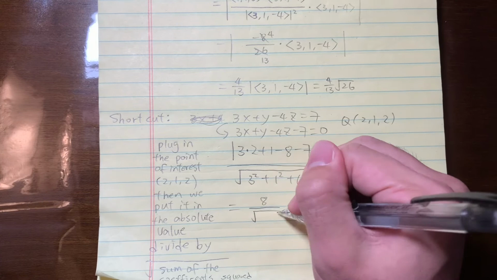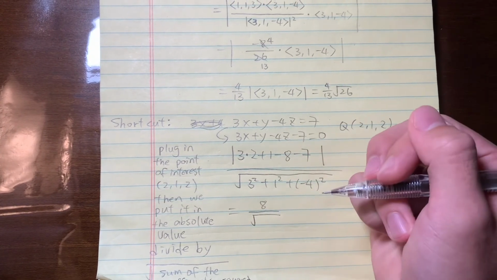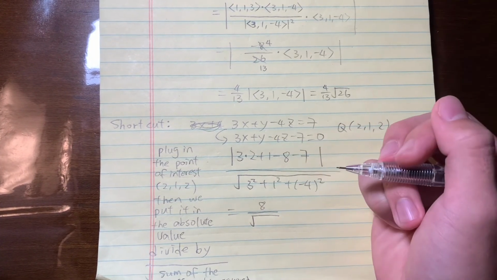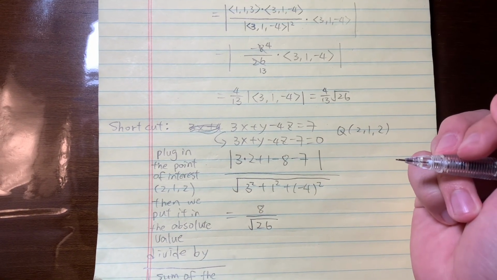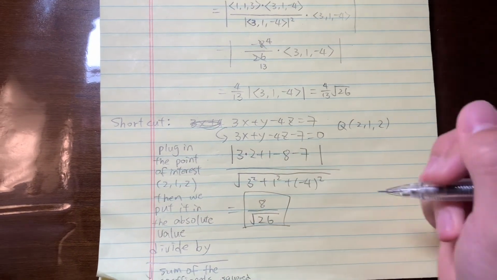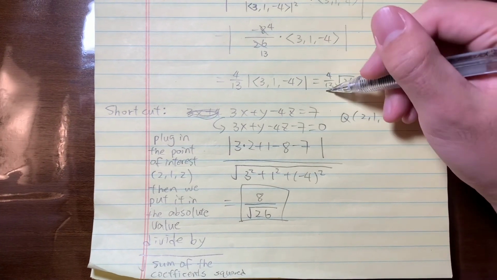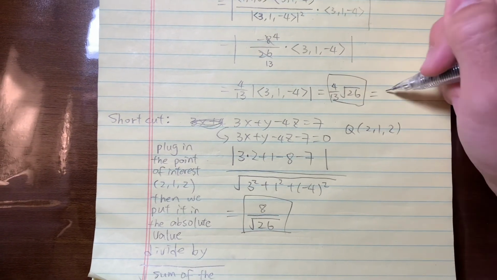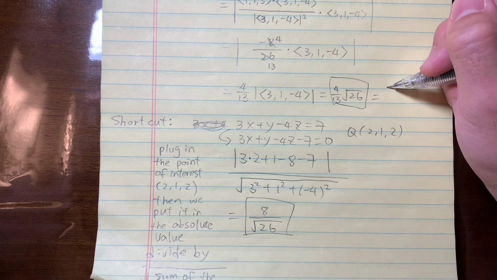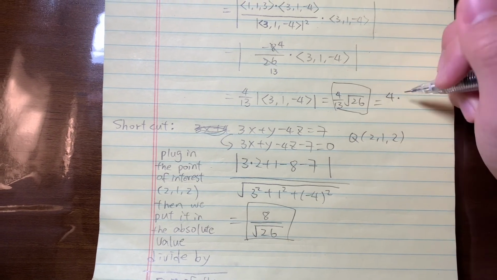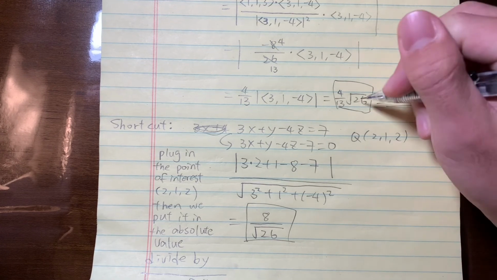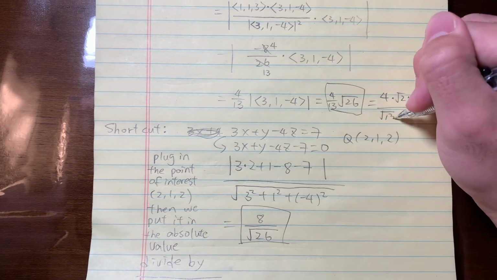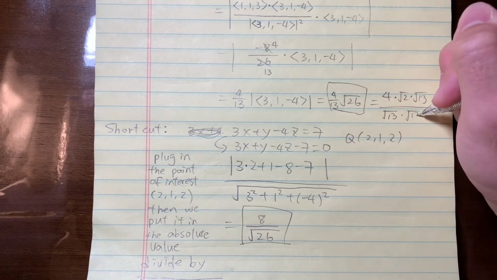And then here it's the square root of 26. And this is exactly the same as this one. I can simply do it like 4 times square root of 2 times square root of 13, over a denominator of square root of 13, square root of 13.